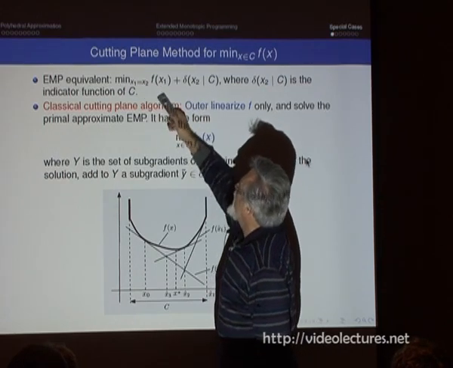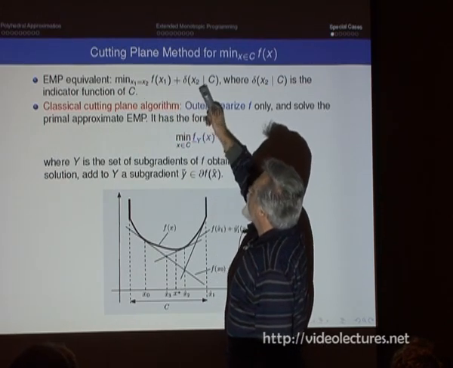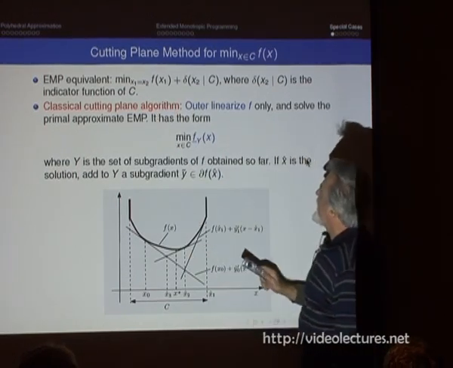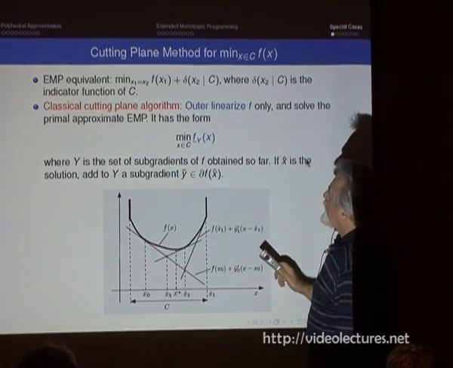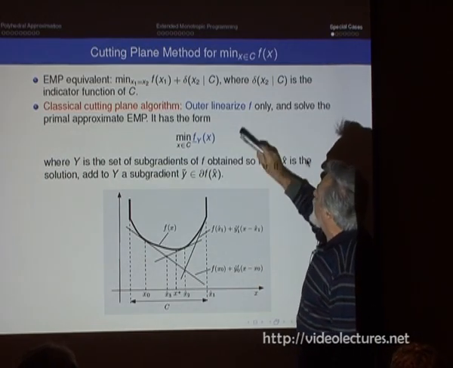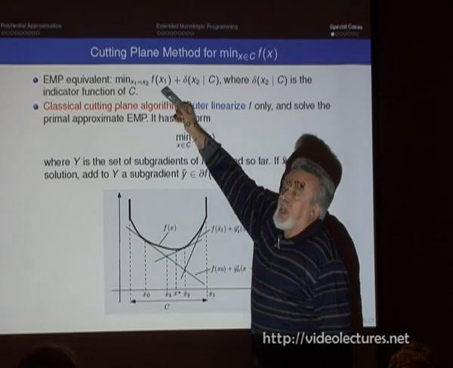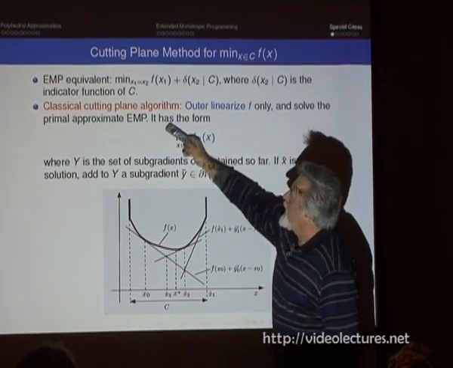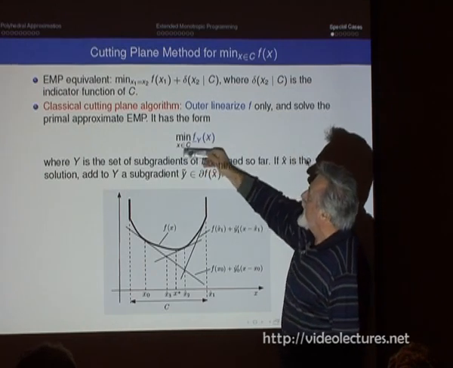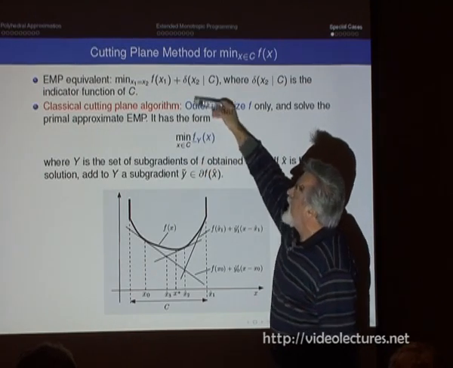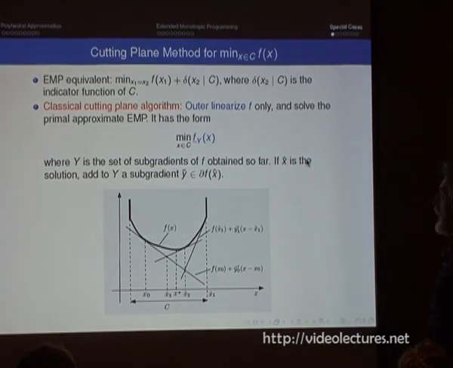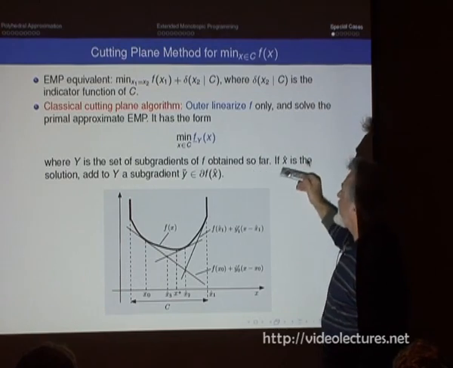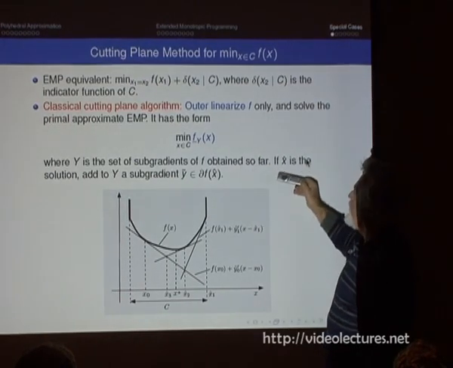So this is the subspace constraint, okay? So there are just two functions, two components, and this subspace constraint. And in the classical cutting plane algorithm, we outer linearize this f, and we leave this unchanged, okay? So the approximating EMP has this form, where f has been replaced by its blue approximation. And capital Y is a finite set of subgradients of f that have been obtained so far.